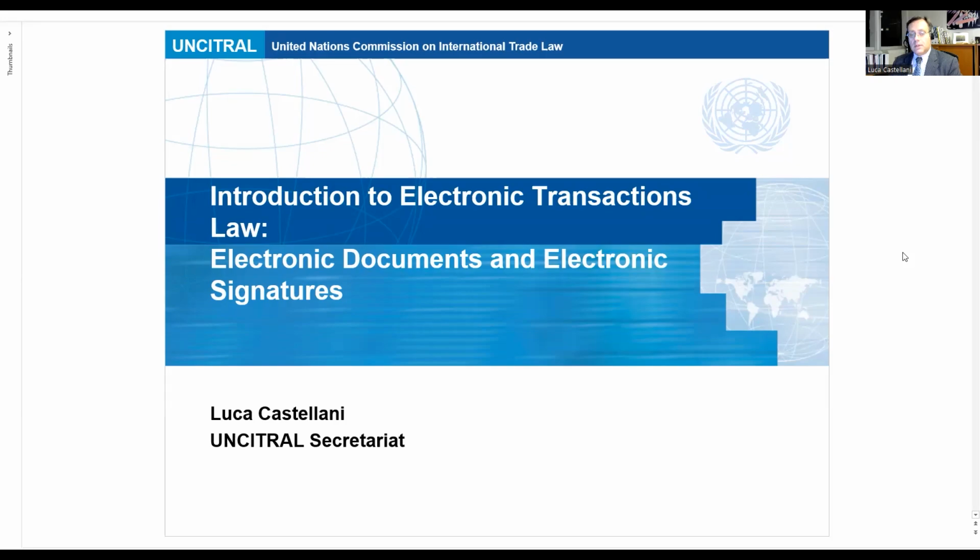We will see also what are the main issues with electronic signatures, including what are the policy options. We will then move to review existing UNCITRAL texts and their main features. And finally, I would like to share certain considerations on the interaction between free trade agreements and UNCITRAL texts.